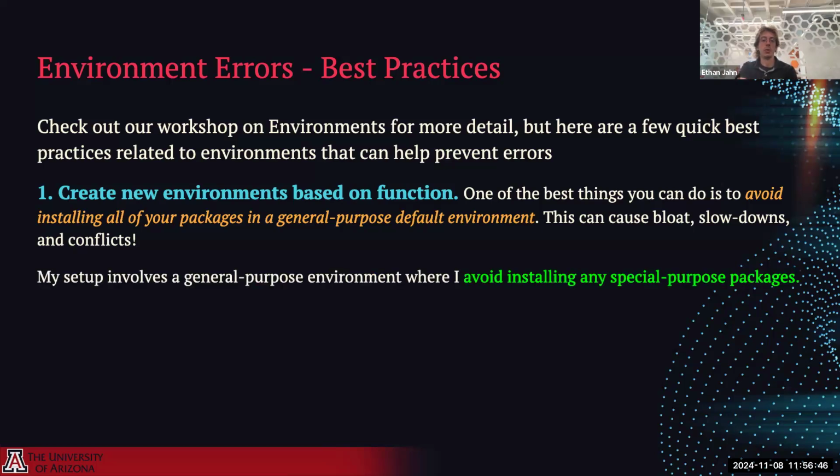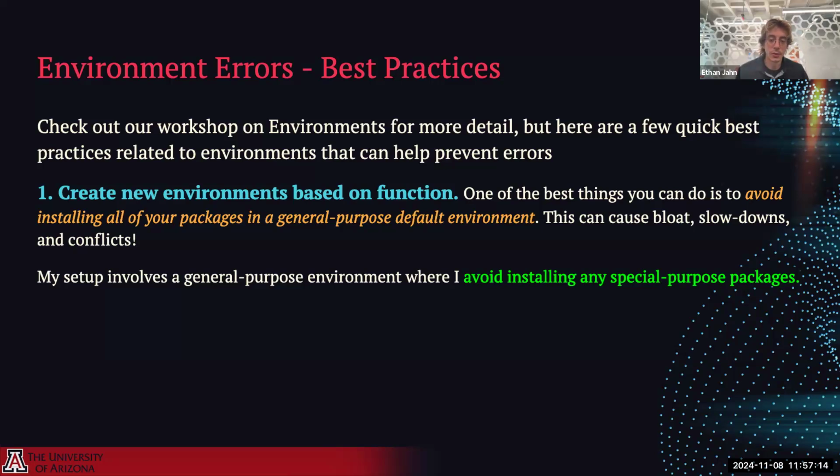Definitely best to try to create a different one for each function. I do have a general purpose environment, but I specifically avoid installing any special purpose packages in this environment. If I know that I need a special purpose package, which, what determines whether a package is special purpose or not, I guess it's maybe in the context of projects that you might be working on, right?